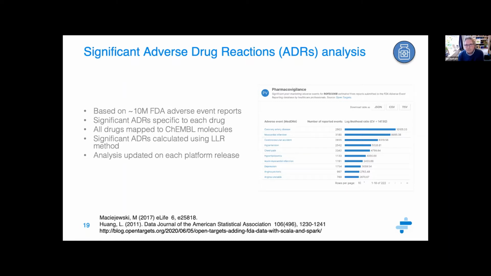In addition, we've added new data sources. So we've included adverse drug reaction information from FAERS. We use the log likelihood ratio to calculate the significance of these data and present that alongside the targets and drugs. We associate each drug with its target.